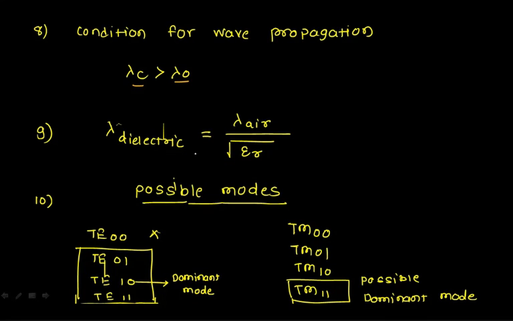In that case, you need to consider the dielectric constant of that particular material. Whenever you're talking about the wavelength through the dielectric, it should be the wavelength in air divided by the square root of the dielectric constant of that material. I will solve one problem based on this, and then you'll understand how we are going to find these things.